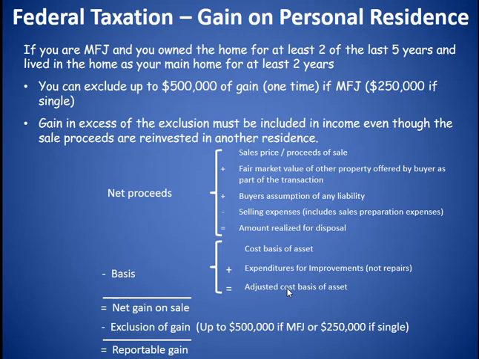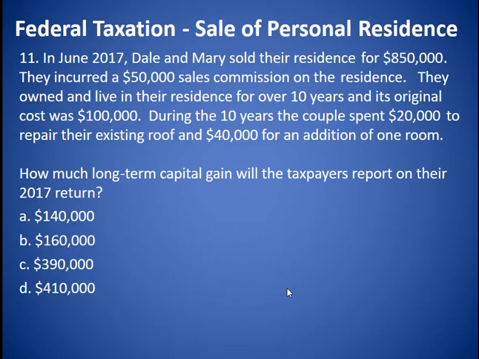Now let's try a slide regarding the sale of a personal residence. In June 2017, Dale and Mary sold their residence for $850,000. They incurred a sales commission of $50,000 on the residence.